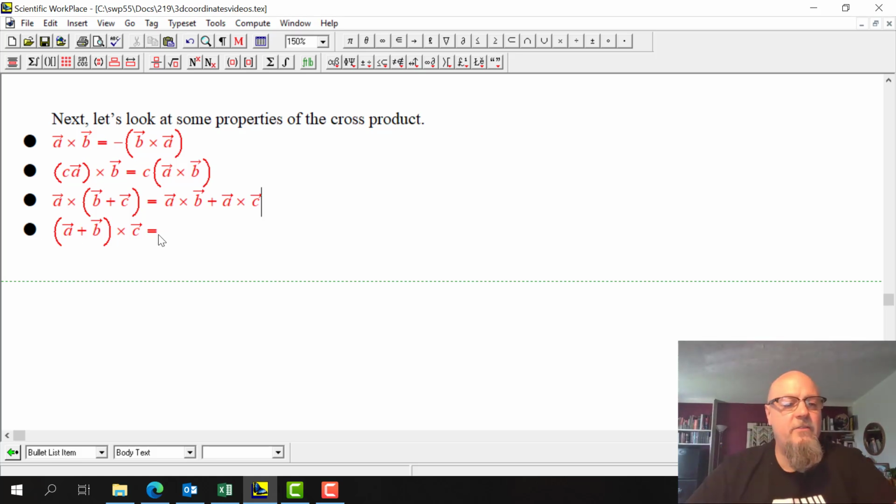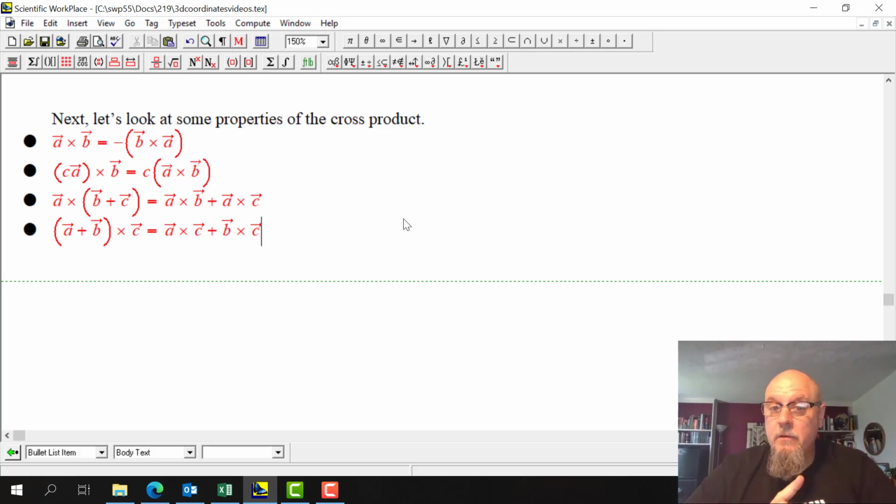This is coming in from the left-hand side. But it's going to work the same. That's going to end up being A cross C, plus B cross C. And sometimes these properties help us simplify some expressions with the cross product.